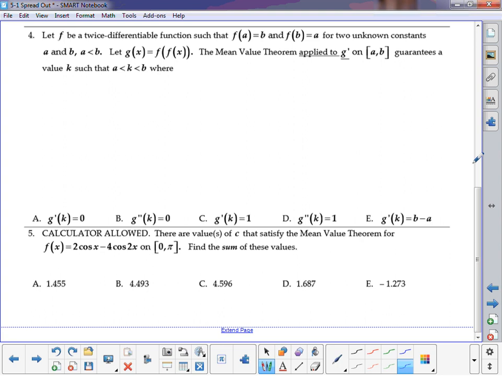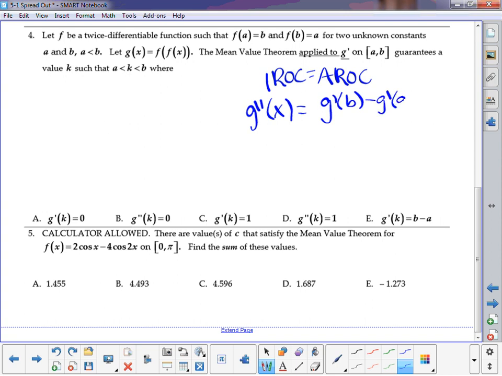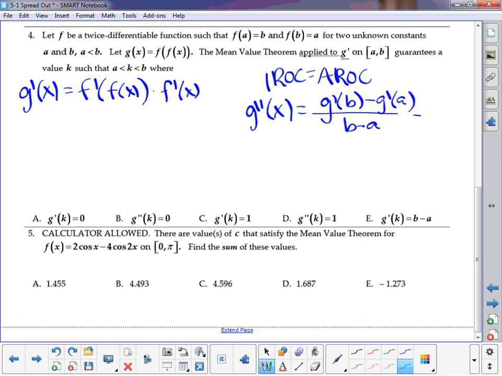So when we go to do IROC equals AROC, my instantaneous rate of change of g prime would be g double prime of x, and my average rate of change would be using g prime: g prime of b minus g prime of a over b minus a. So you would need to first find your derivative, which would be f prime of f of x times f prime of x, and then you'd have to find g prime of b, g prime of a, etc.